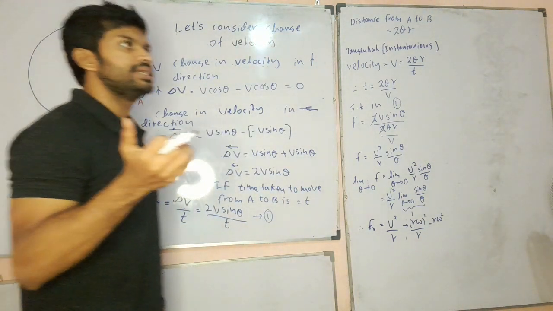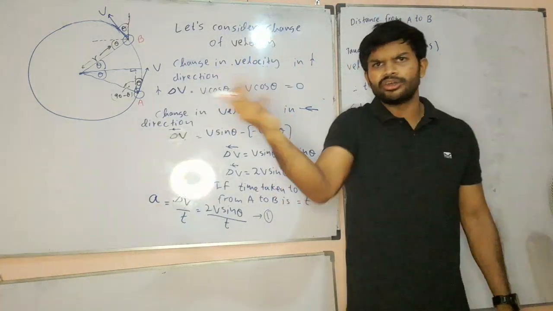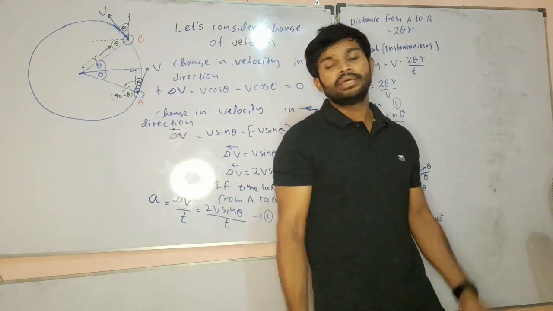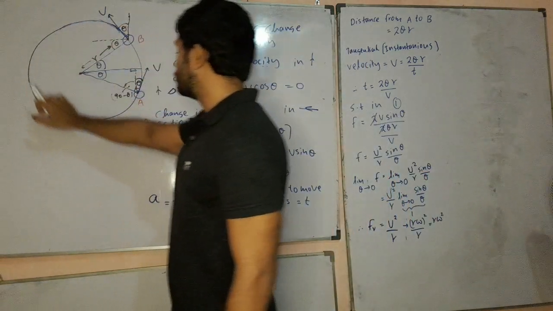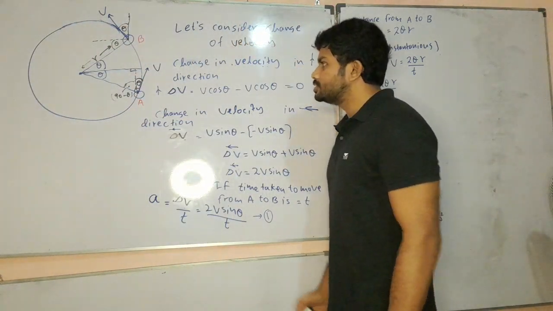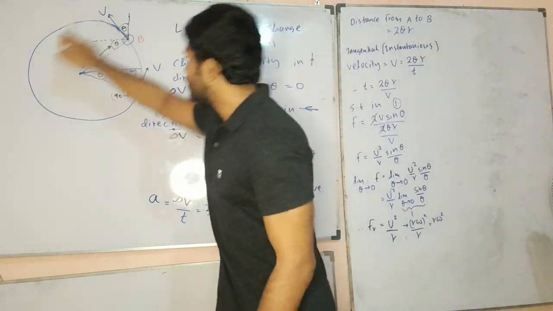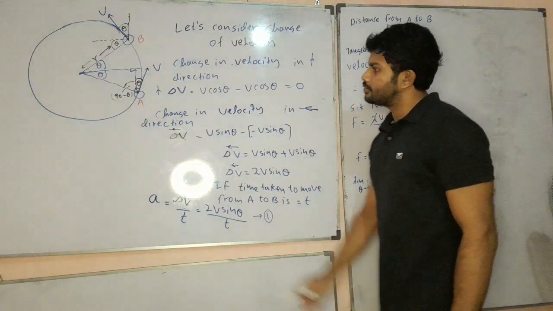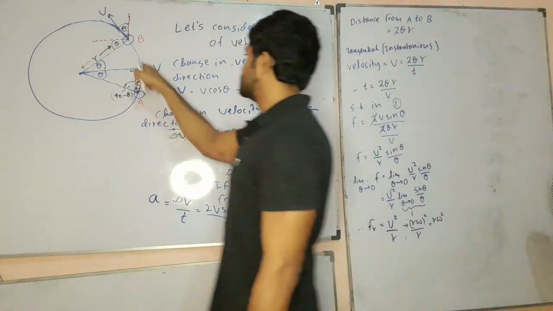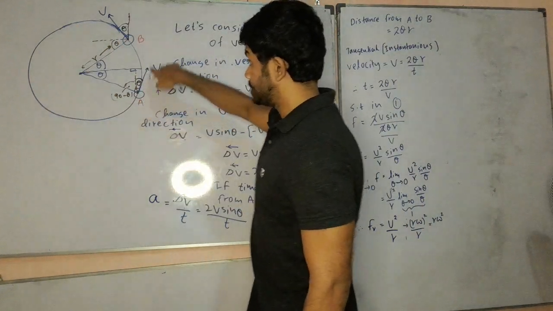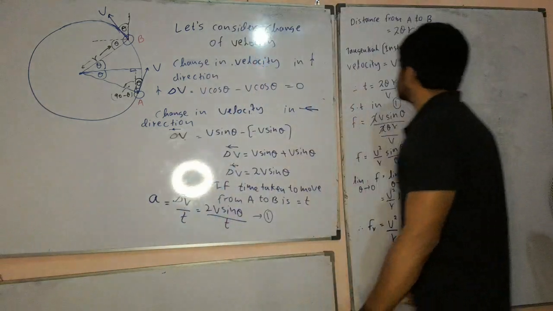We can accelerate it if there is an angular acceleration, but here I'm just analyzing an object which moves at constant angular velocity, right? So therefore the tangential or instantaneous velocity remains unchanged. Okay, let's take it as it is.